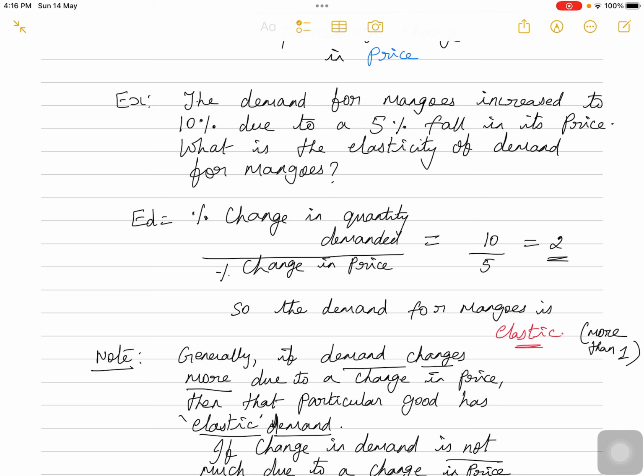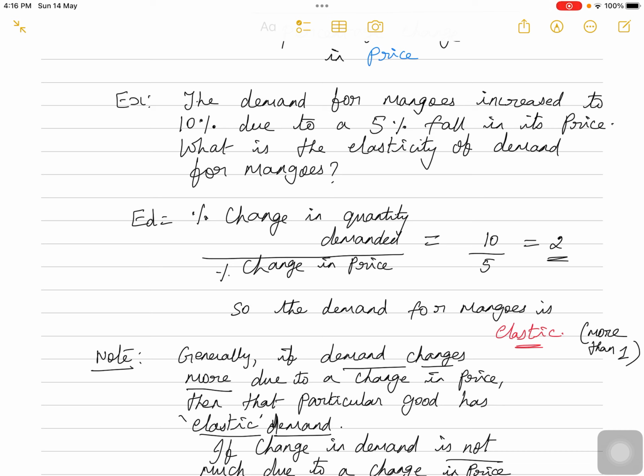Okay, so that means it is elastic. So the demand for mangoes is elastic. If the elasticity of demand is more than 1, if the numerical value of the elasticity of demand of that particular commodity or service is 1 or more than 1, then that commodity or service is said to have elastic demand.